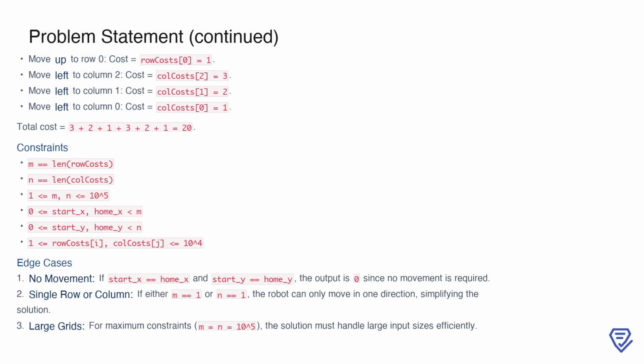After reaching the correct row, the robot moves left to column 2, adding column costs 2 equals 3 to the total. It moves left again to column 1, adding column costs 1 equals 2, and finally moves left to column 0, adding column costs 0 equals 1. Summing these costs, the total is 3 plus 2 plus 1 plus 3 plus 2 plus 1, which equals 20.